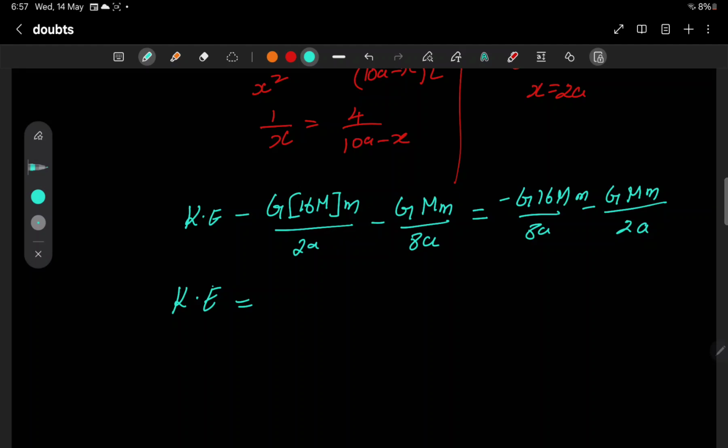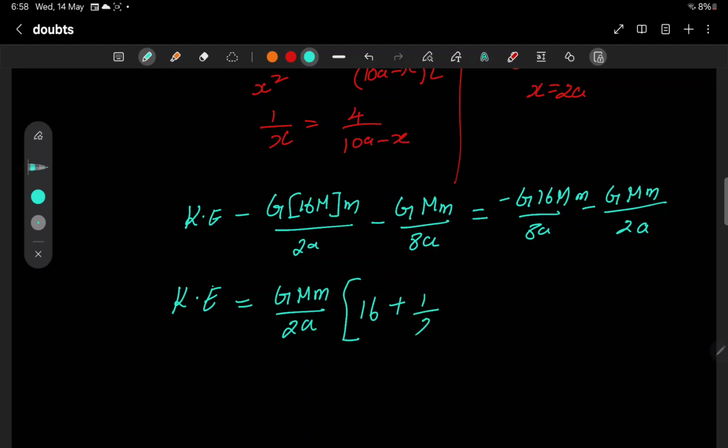If you bring everything there, what is common? GMm by 2a is common. If you take GMm by 2a outside, you will get only 16 here. When this goes to that side it becomes plus. So taking GMm by 2a out here, what will I get?